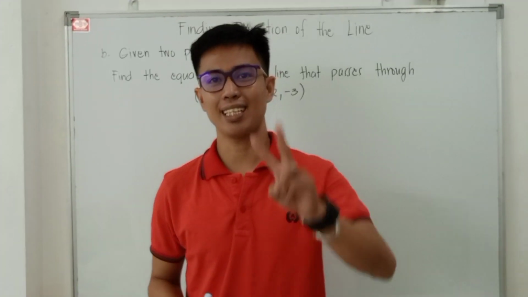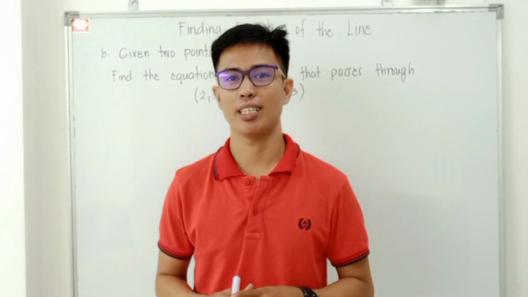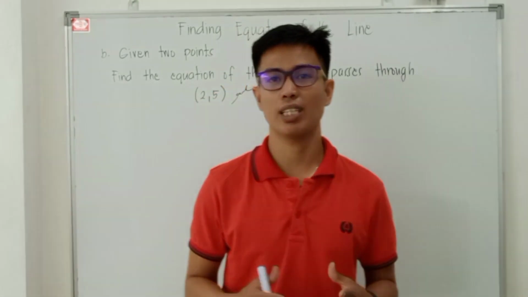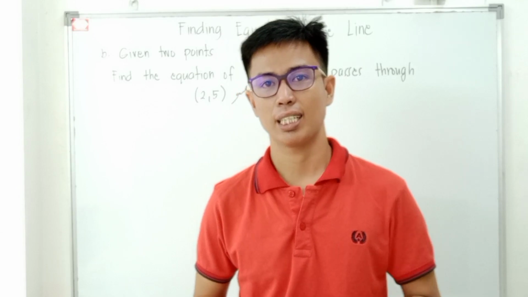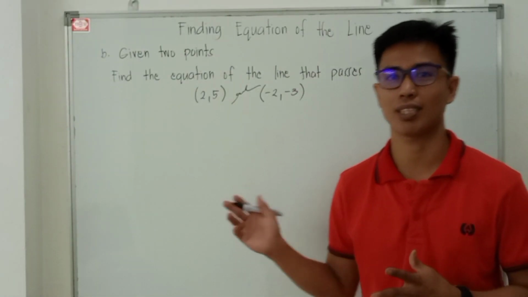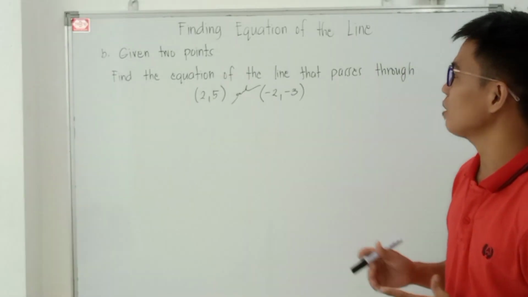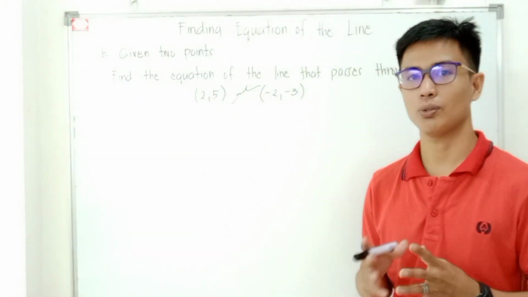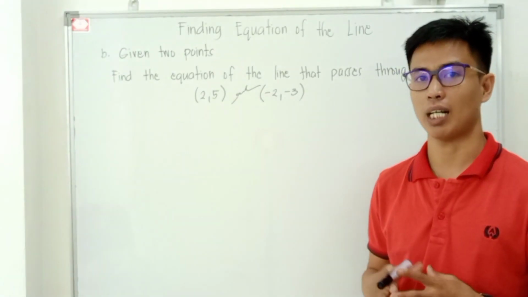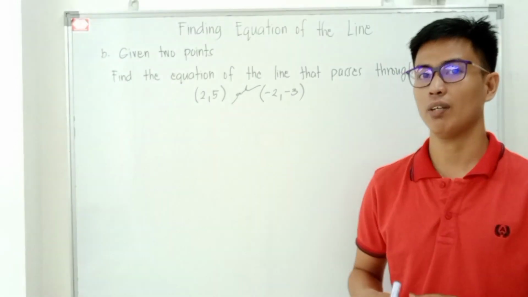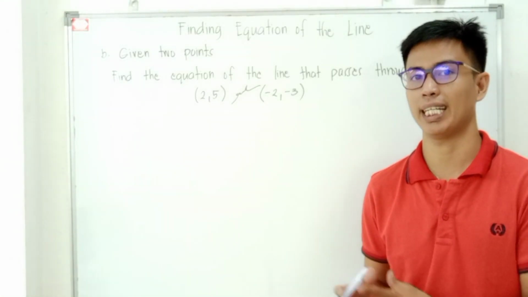Para naman sa ating second condition, ang given naman ay 2 points. So, paano natin hinahanap yung equation ng line kapag ang given ay 2 points? So, let's have this example. Find the equation of the line that passes through (2, 5) and (-2, -3). So, how are we going to determine the equation of the line?